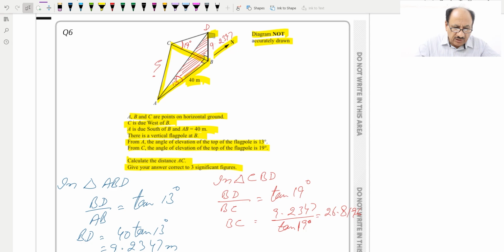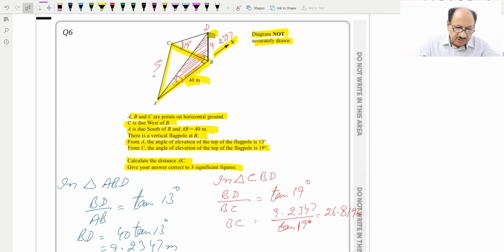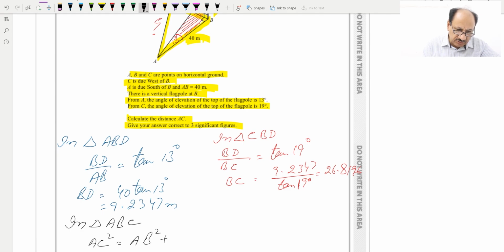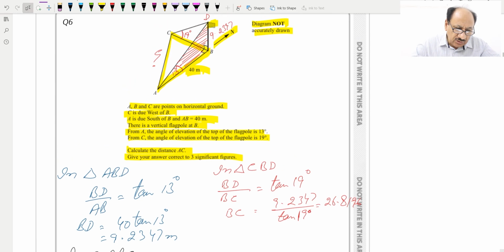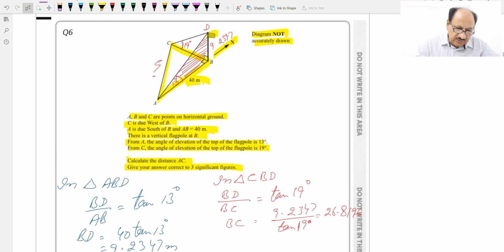So now we have BC also and AB also, and we can find AC. So in triangle ABC, we are applying Pythagoras theorem. So AC square is equal to AB square plus BC square.